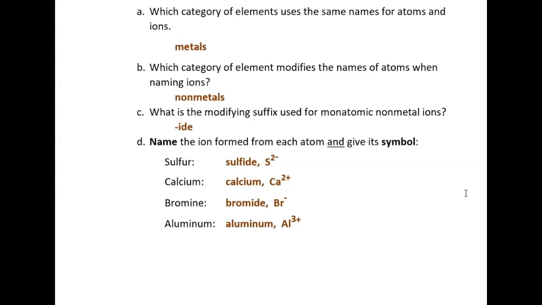When a calcium atom loses 2 electrons, it becomes a calcium ion with a +2 charge. The symbol is Ca with a +2 in the upper corner.